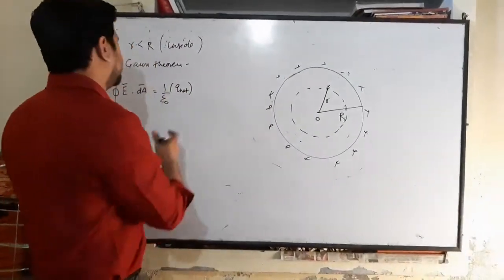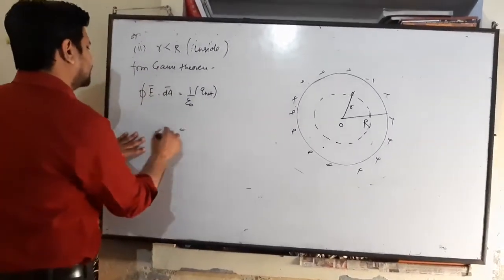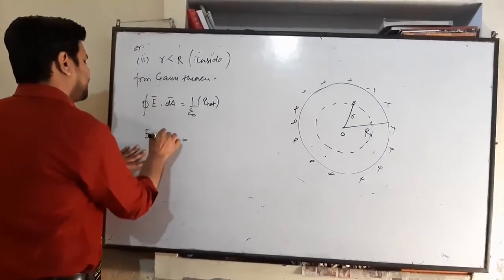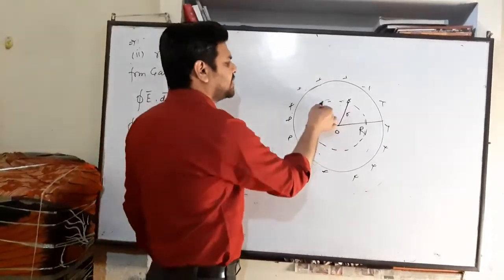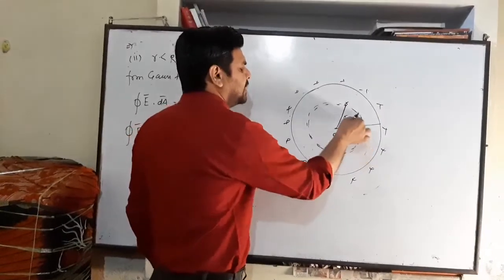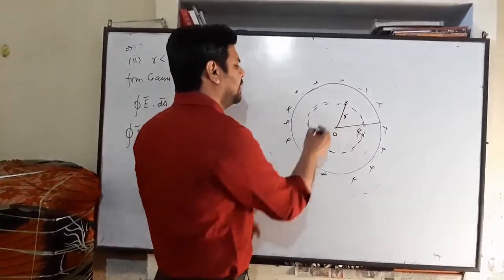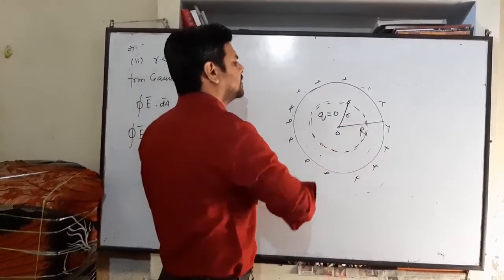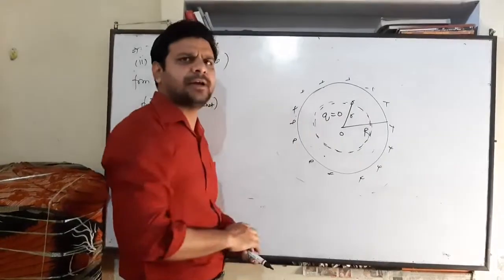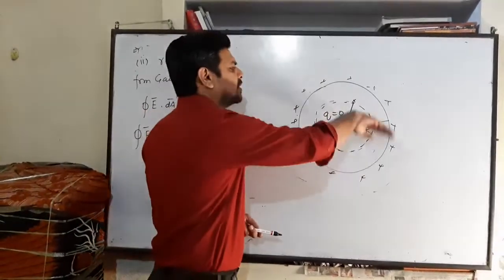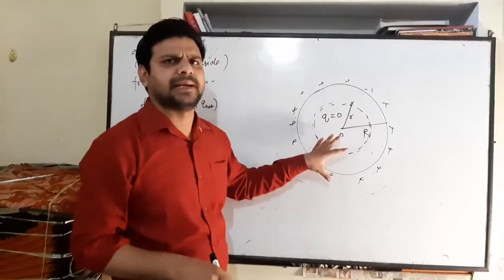Okay, then here we don't need to draw dA and E because this is the Gaussian surface and the total charge inside this surface will be 0, because this is a metallic sphere. If we have given some charge to this sphere, all the charge will appear on the surface of the sphere.